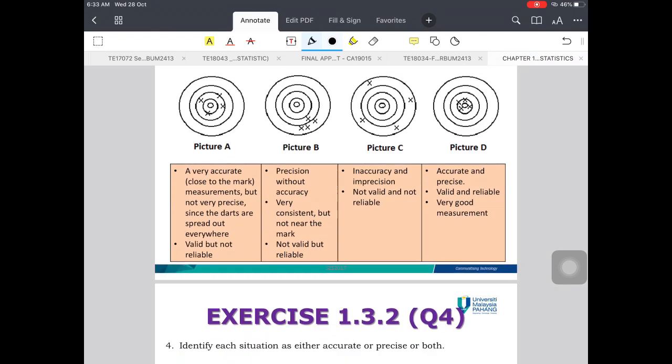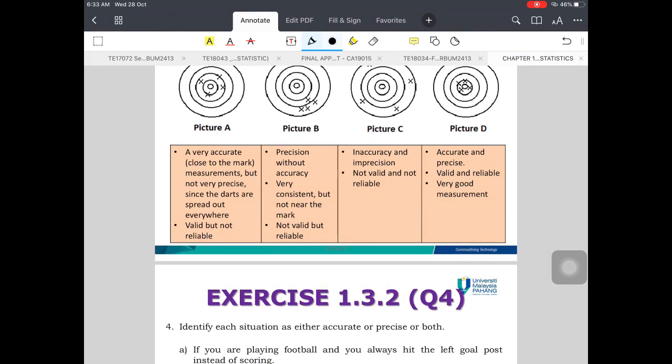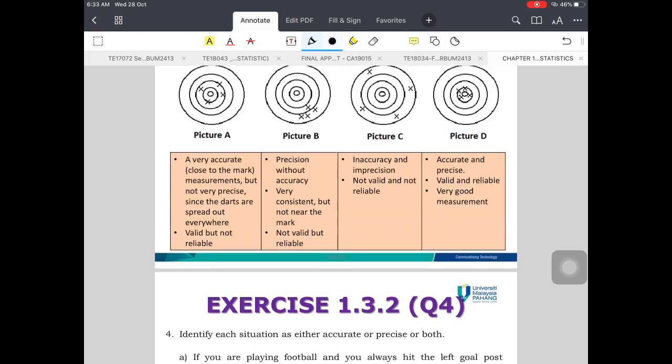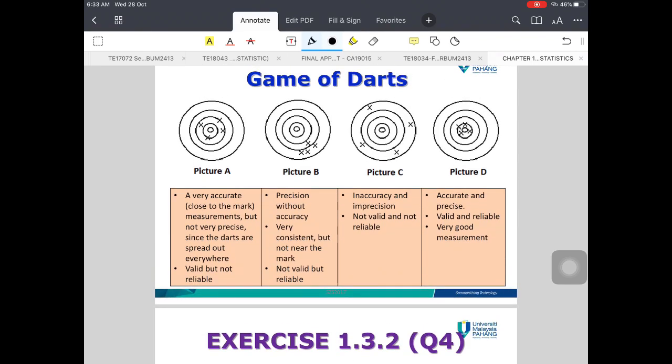So it's very consistent but not near the mark: not valid but reliable. Next, picture C. It is inaccurate and imprecise. You can see the marks are everywhere: not valid and not reliable.